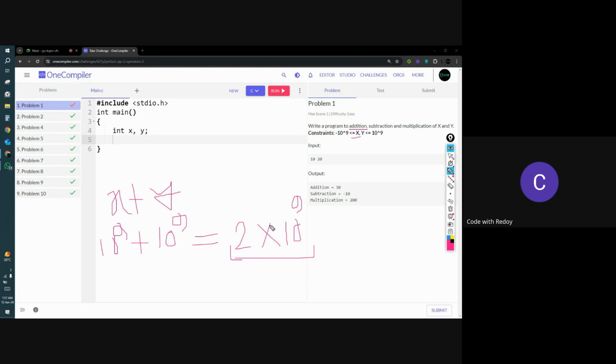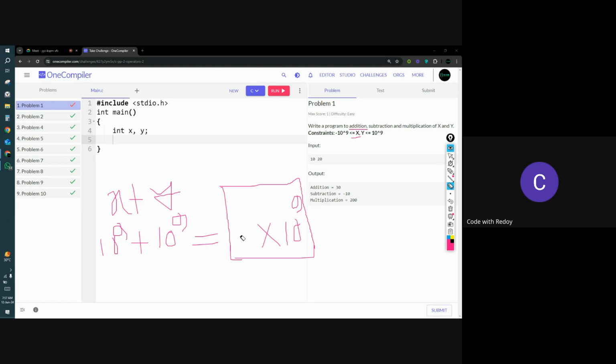Can we store this result in an integer variable? I don't think so. In the last lesson, I said this is a constraint.